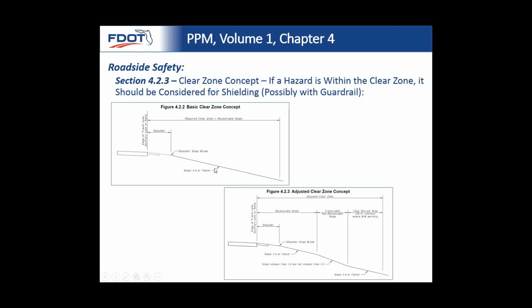One of the things that we wanted to make clear is the difference between the basic clear zone concept and what was previously shown in Chapter 4 of the PPM, which was an adjusted clear zone. So basically, our general requirement for establishing when you might consider shielding, which could be guardrail, would be if you can't meet this basic clear zone concept. That's when you start getting an indicator that you may need to look at what sort of shielding might be needed.